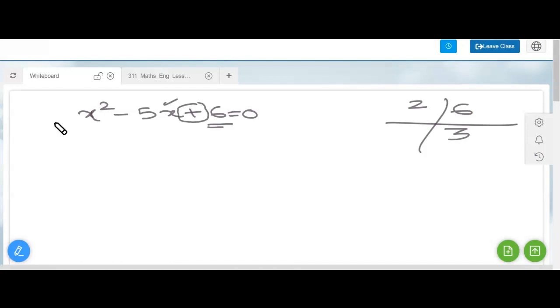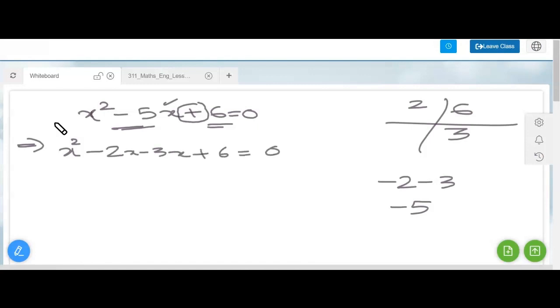So how to add and get the result as minus 5? If I do minus 2 minus 3, I will get the result as minus 5, correct? So now my terms will be written this way. x square, instead of minus 5x, I can write minus 2x minus 3x plus 6 is equal to 0. Now I use these two terms, and then I use these two terms separately.